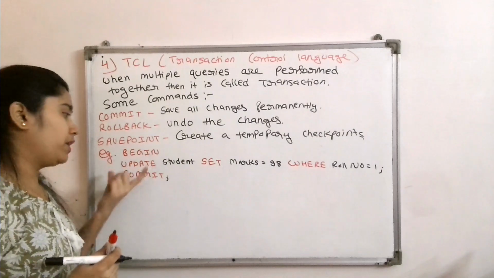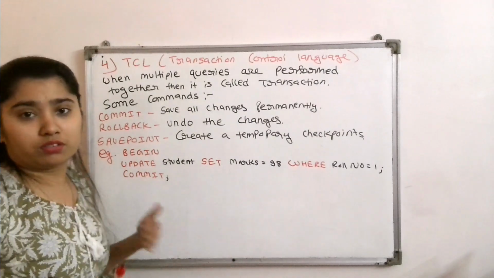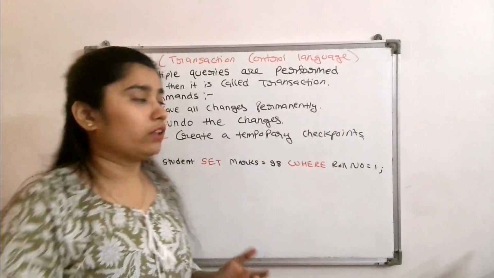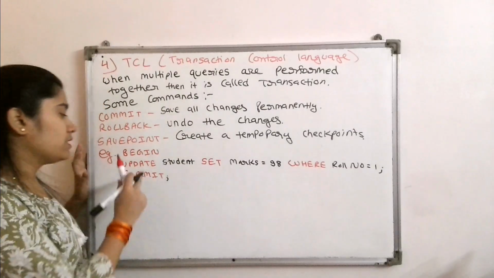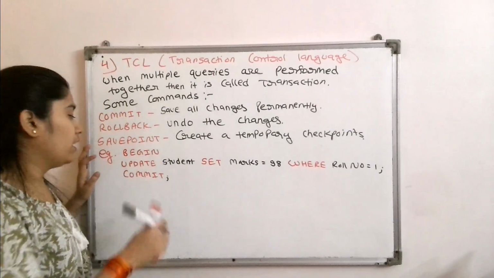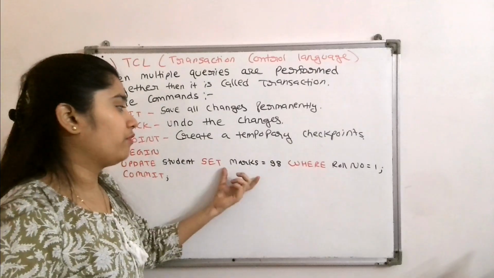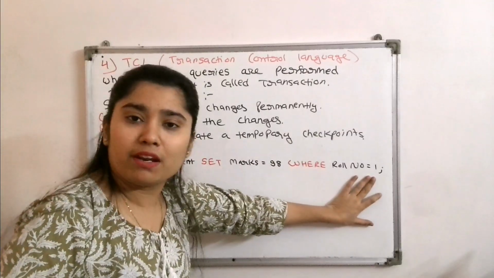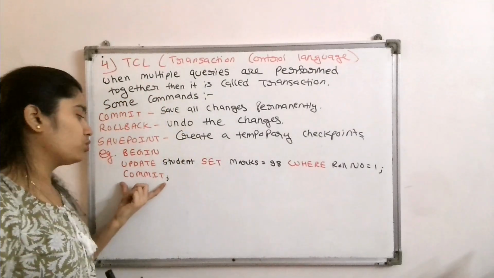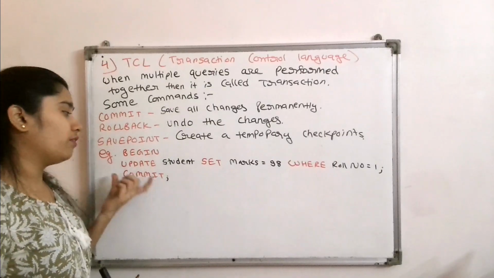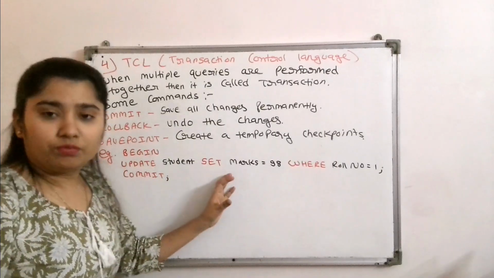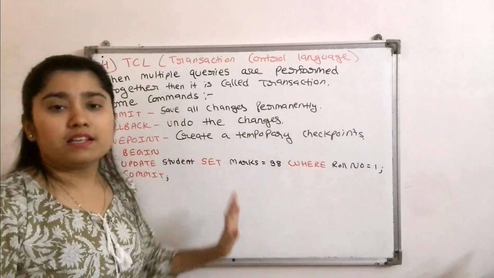Here there is the update and also the commit, so 2-3 queries are performed together. Therefore it is a transaction. Our transaction starts with begin, then we have updated the marks where the roll number is 1, then we have used commit. Commit means that whatever update we have done is now permanently saved.